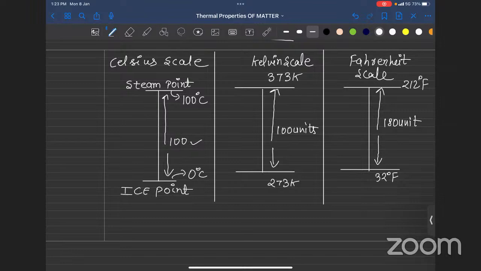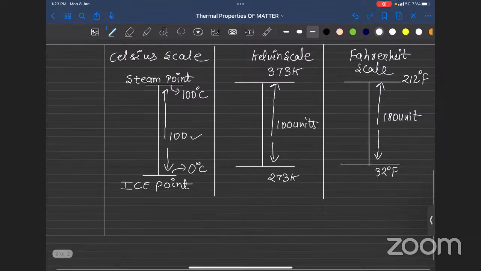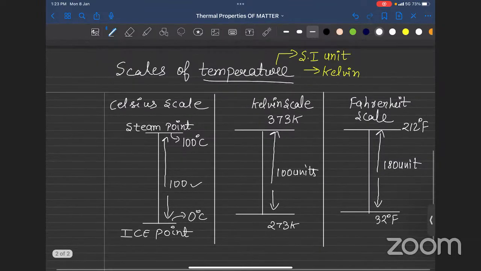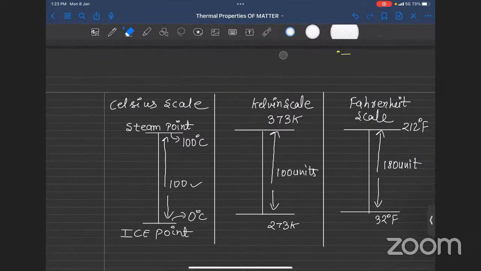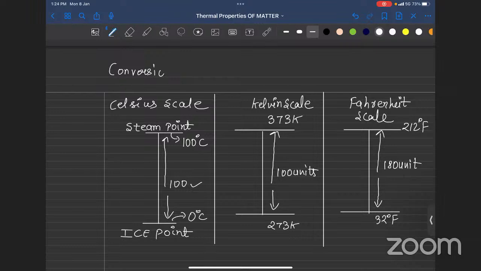Let me write this topic here: conversion of temperature from one scale to another.